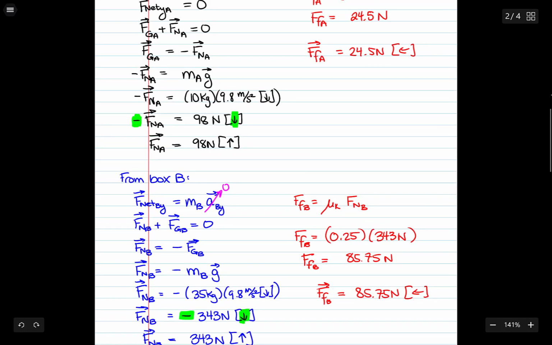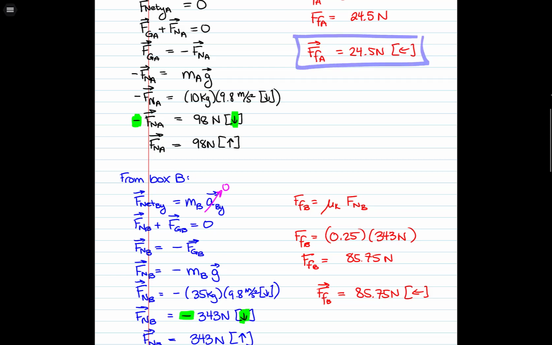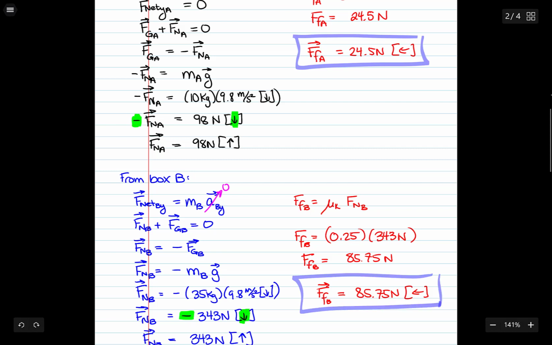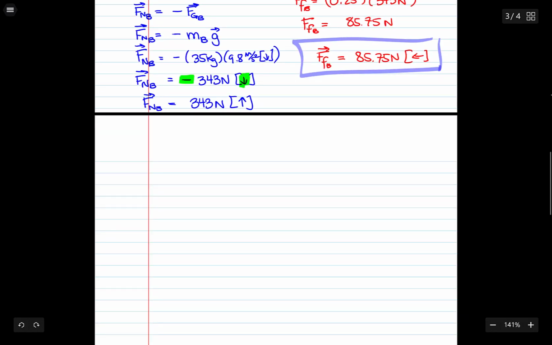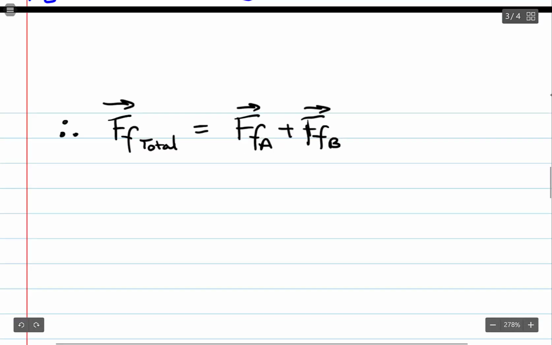So Royals, we have two forces of friction here. We have the force of friction from box A, which had a magnitude of 24.5 towards the left, and we had the force of friction acting on box B of 85.75 newtons acting towards the left, which means that my total force of friction, so let's do this, the force of friction, oops, I want that to be capital, therefore F friction total is going to be the force of friction on box A plus the force of friction on box B. I'll zoom in here.